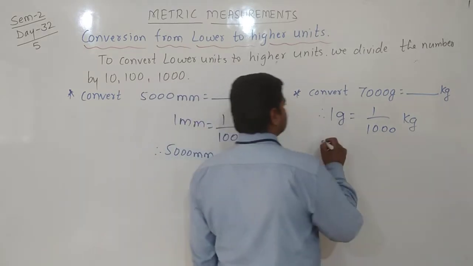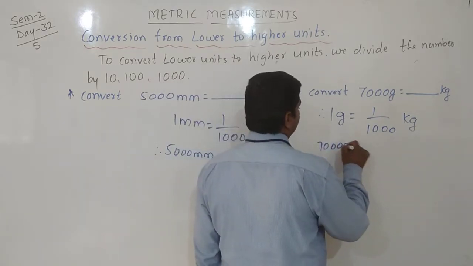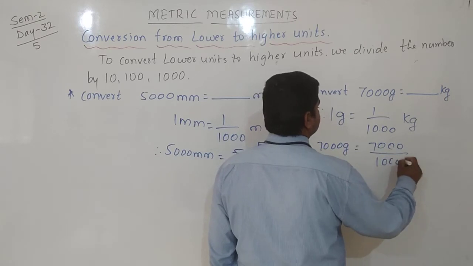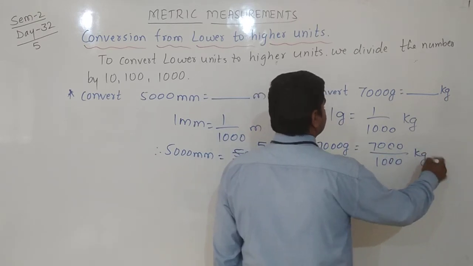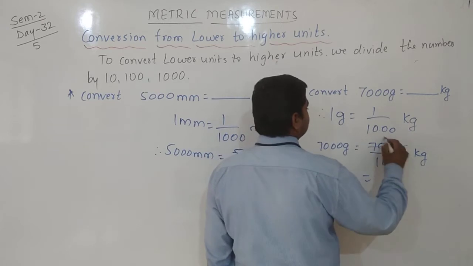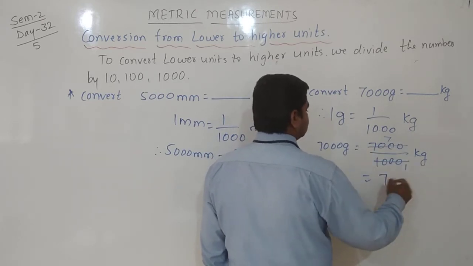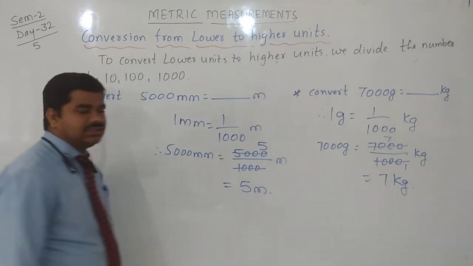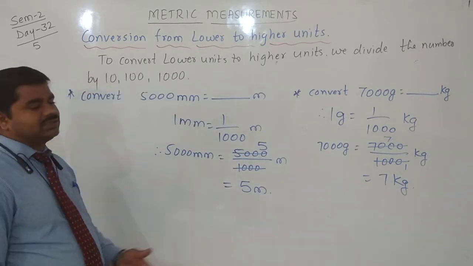Then we can write 7000 gram is equal to 7000 by 1000 kg, which is 7 kg. You can write 7 kg, 7000 gram. Like this, conversion is very simple.